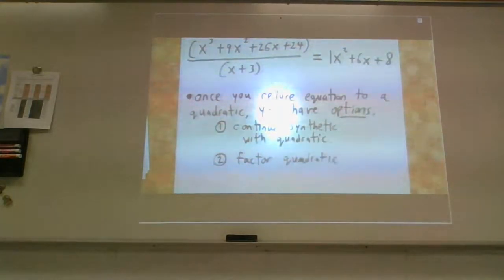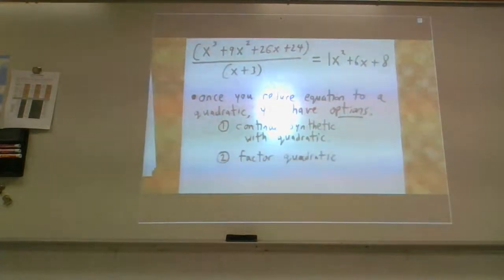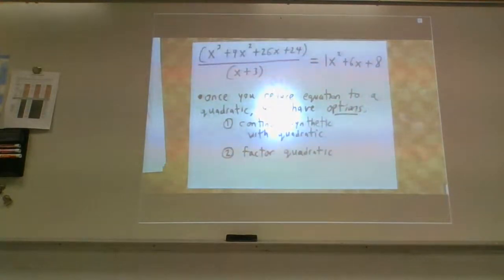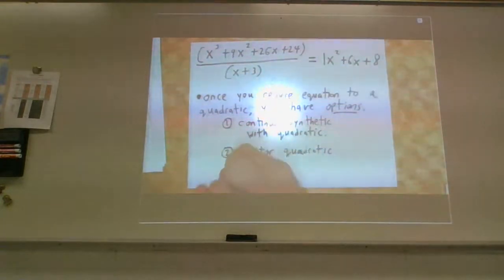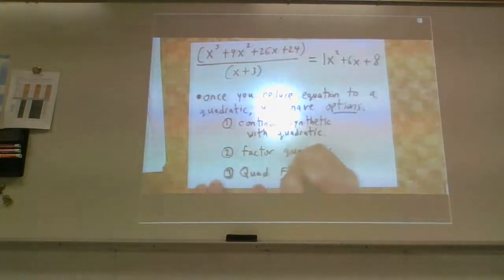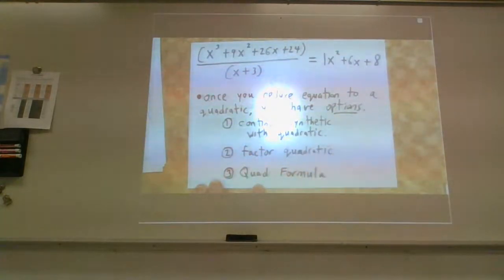By factoring the quadratic, you can easily get the remaining answers that you're looking for. But we really only have methods for factoring quadratics. We don't have a method for really factoring a cubic or a quartic. Only really quadratics. Option 3, quad formula.